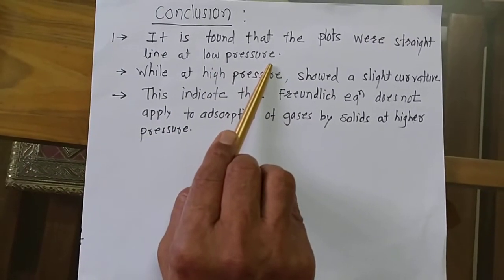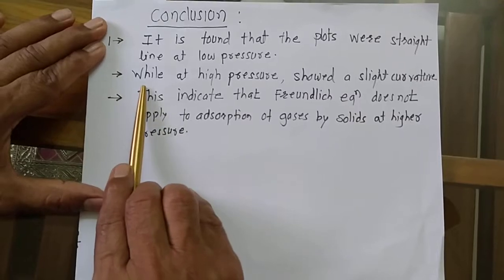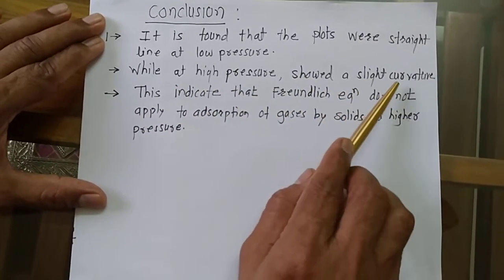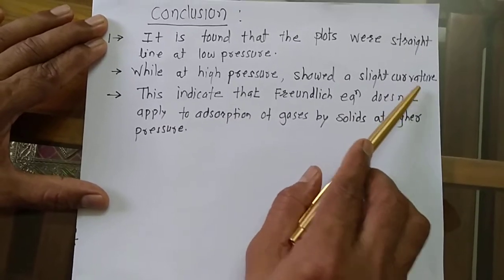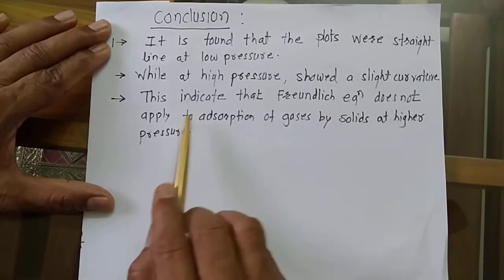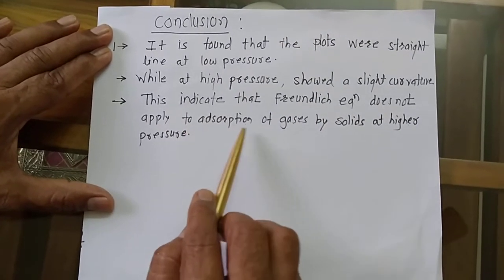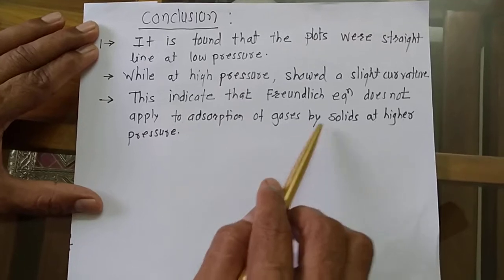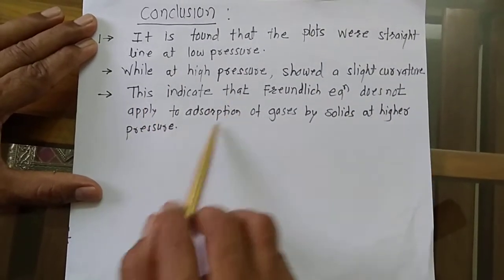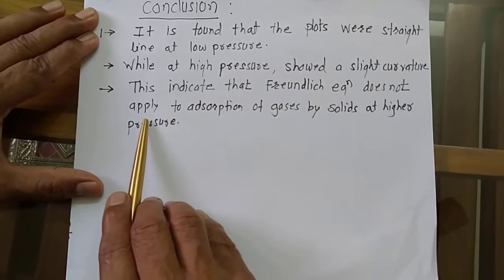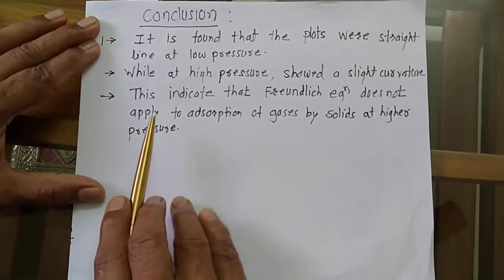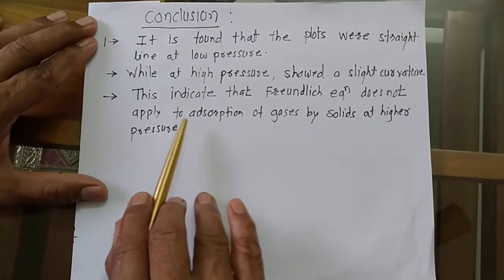Second, at high pressure the plot showed a slight curvature, and this indicates that the Freundlich equation does not apply to adsorption of gases by solids at high pressure. These are the observations of the Freundlich adsorption isotherm. Okay, thank you.